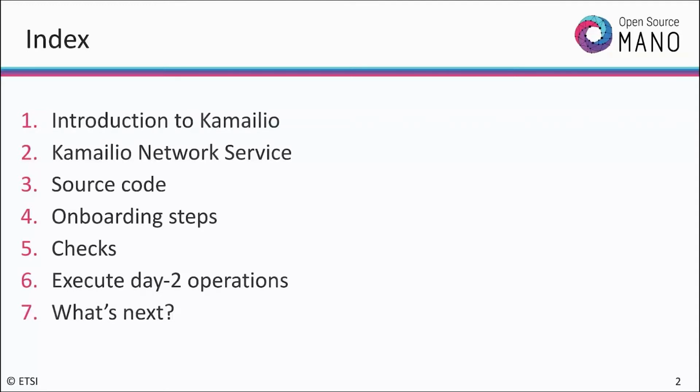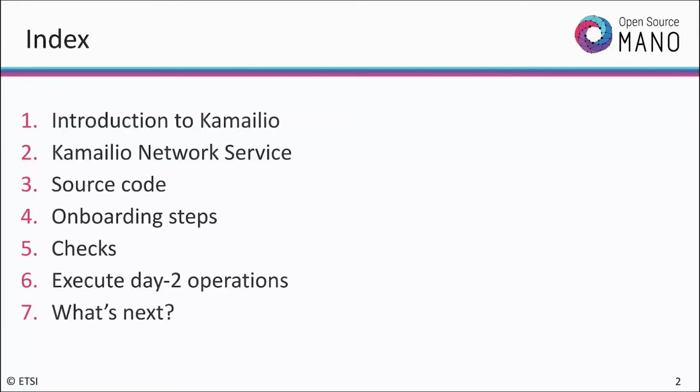Then I will show you a list of the links pointing to the source code of where the network service is located. And then we will enter the important stuff, that is the onboarding steps. So how to onboard this Kamailio network service.